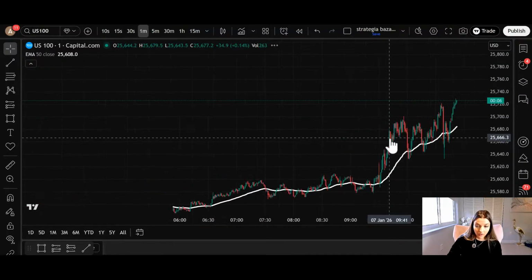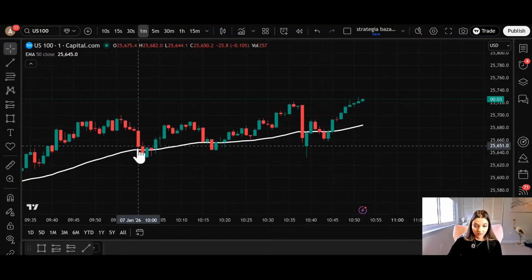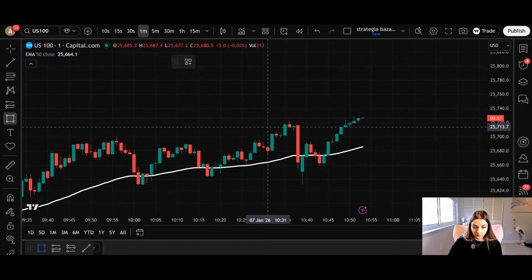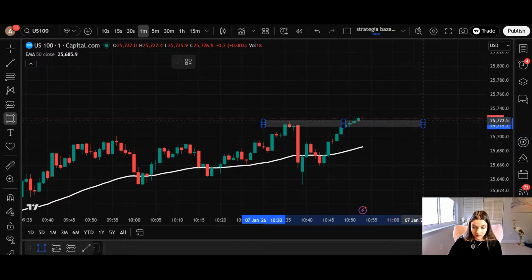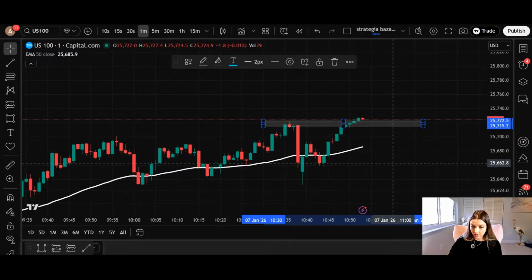Okay, US 100. It's in an uptrend. You can see it has nice rejections over the EMA. It looks like it wants to break this, what is this, 1030.